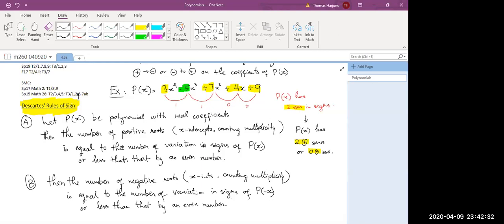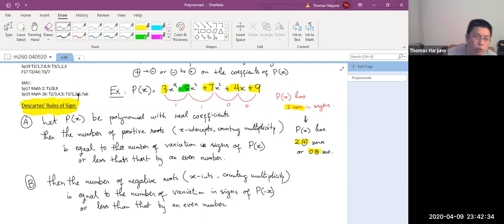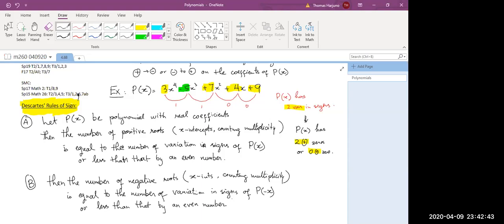So basically, if any roots become complex solutions, they must go in pairs.